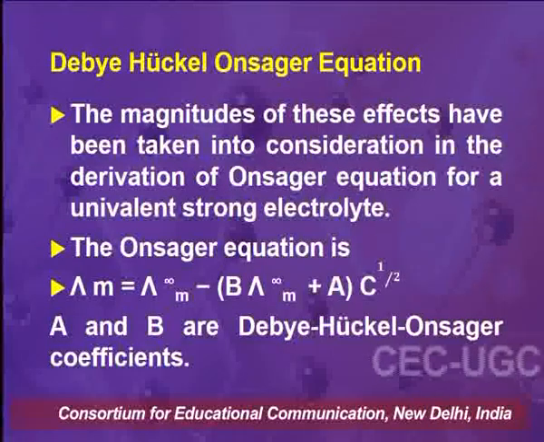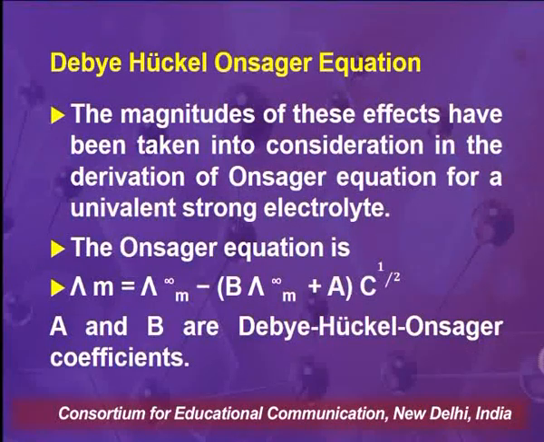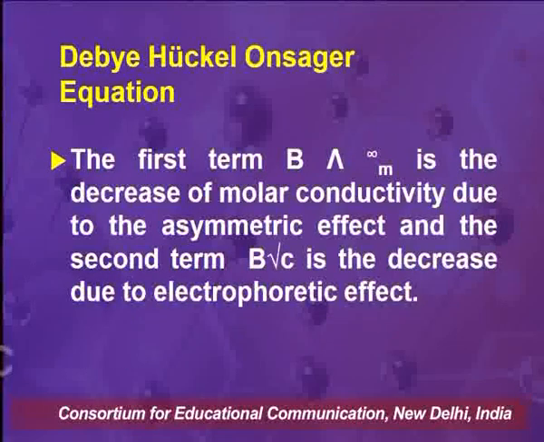Debye-Huckel-Onsager equation. The magnitudes of these effects have been taken into consideration in the derivation of the Onsager equation for a univalent electrolyte. The Onsager equation is lambda m equals lambda m infinity minus (b lambda m infinity plus a) under the root c, where a and b are Debye-Huckel-Onsager coefficients.